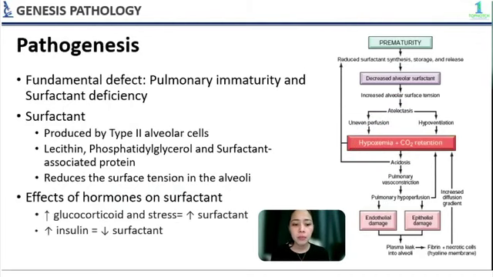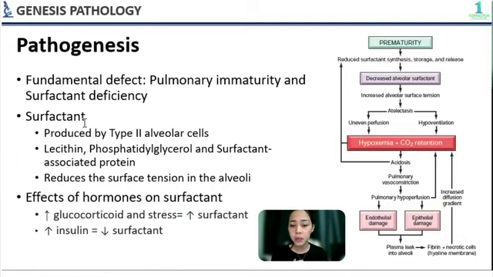Bakit nga ba? Because with decreasing gestational age, immature pa yung fetus, so there is also deficiency of surfactants. Okay? That is the fundamental defect of your RDS. Remember that surfactants are synthesized by type 2 alveolar cells, and they consist predominantly of dipalmitoyl phosphatidylcholine, also known as lecithin, some amounts of phosphatidylglycerol, and surfactant-associated protein.